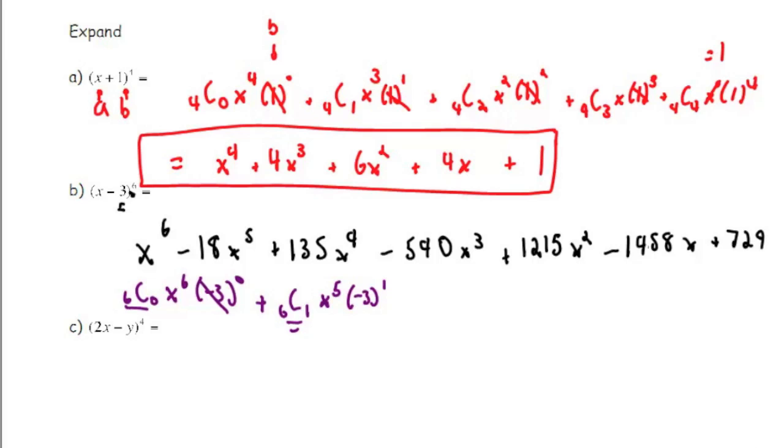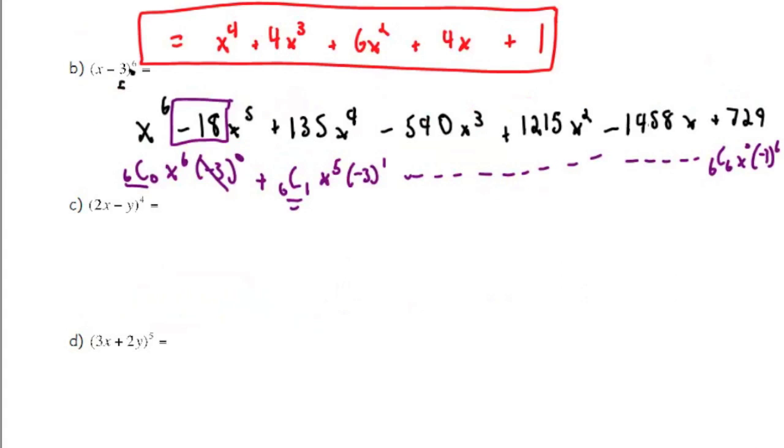But then we have negative 3 to the power of 1. So now we actually have this multiplicative factor that gets multiplied to our coefficients from Pascal's triangle to actually end up with these big numbers up here. So keeping on, your last term would still be 6 choose 6, x to the 0 times negative 3 to the 6.